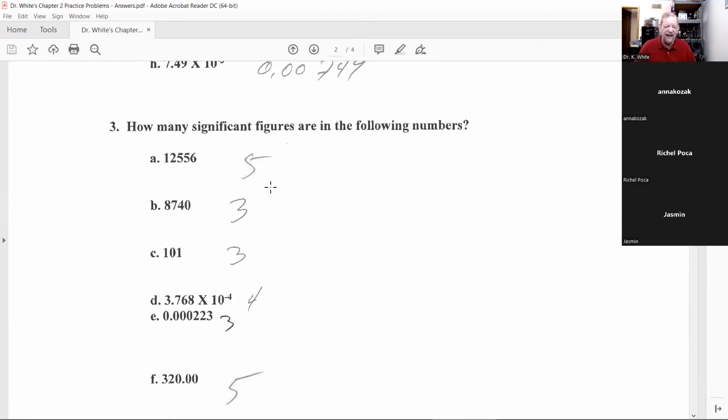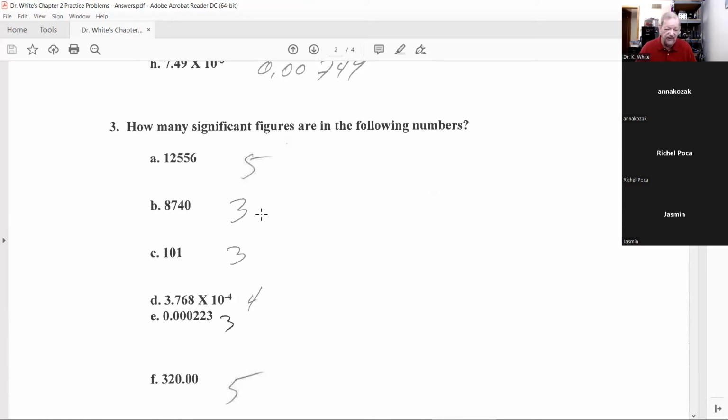If we look at A, all non-zero numbers are significant. Therefore, there's 1, 2, 3, 4, 5. That's how I got that answer. Now, zeros at the end without a decimal point are not significant. How you like that? No, they're not. And therefore, I have here non-zero numbers, 1, 2, 3 of them, a 0 at the end, no decimal.